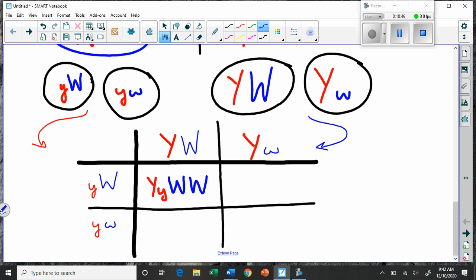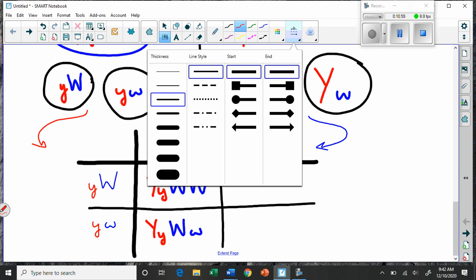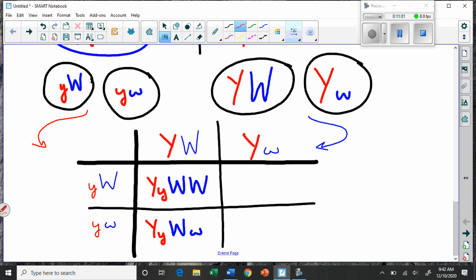Down below, we have a big Y and a little y, but then we have the capital W and a small w. And then over here, we have a capital Y and a small y, crossed with a large W and a small w. And then the last one is a capital Y and a small y, crossed with 2 small w's.